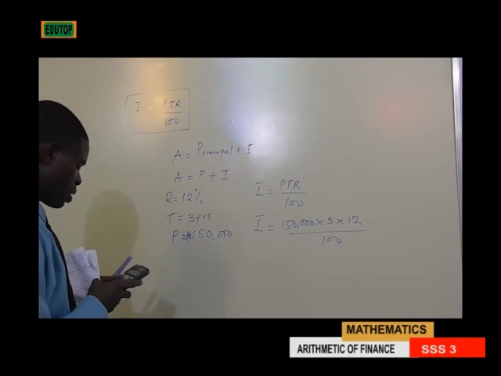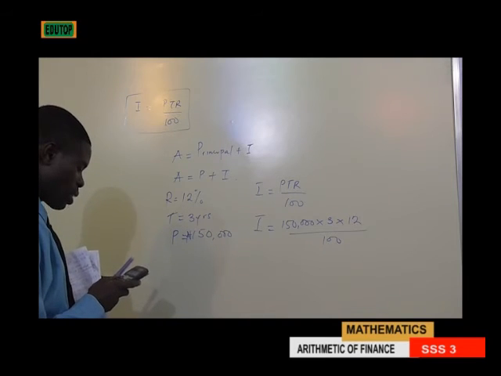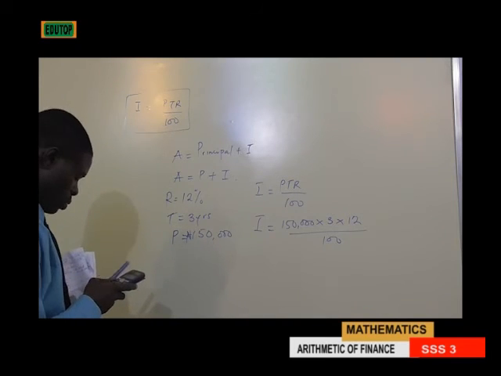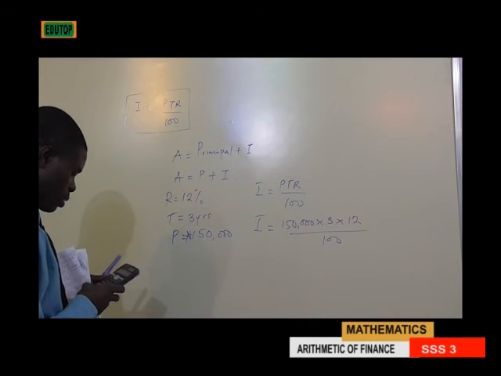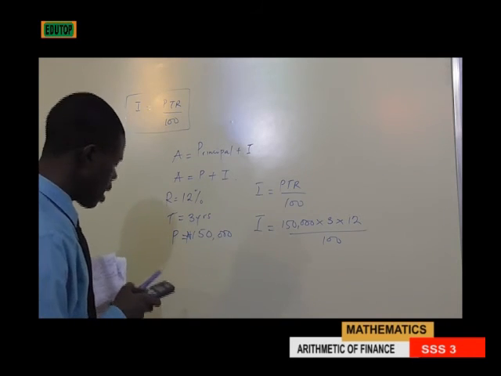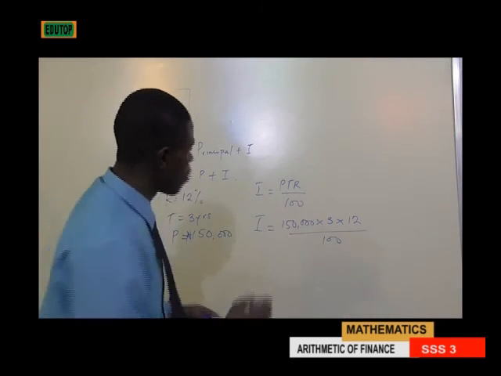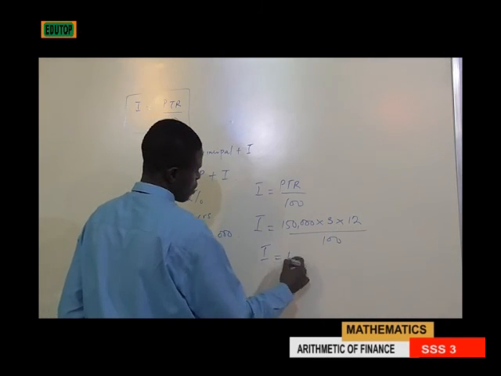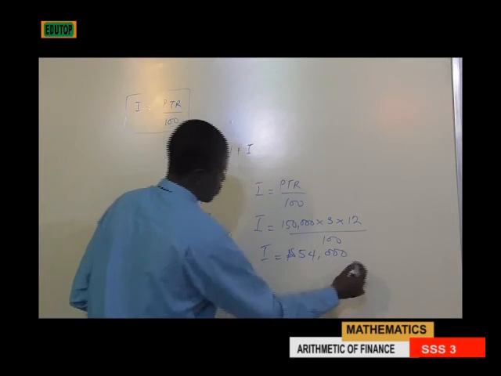Here we have 150,000 times 3 times 12 divided by 100. Then we have 54,000. The answer here is 54,000. So we have our interest to be 54,000 naira.